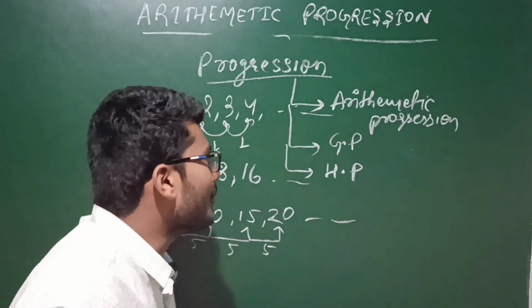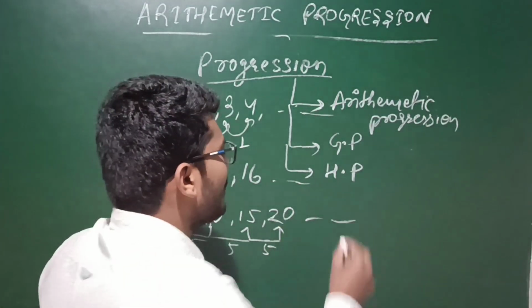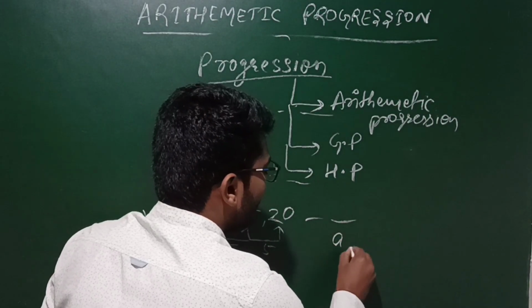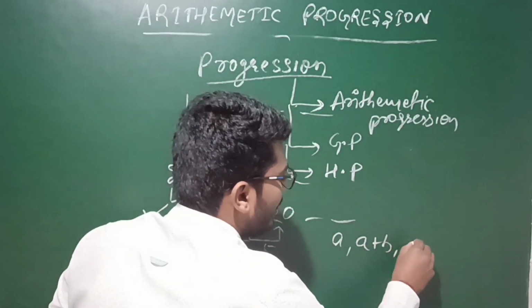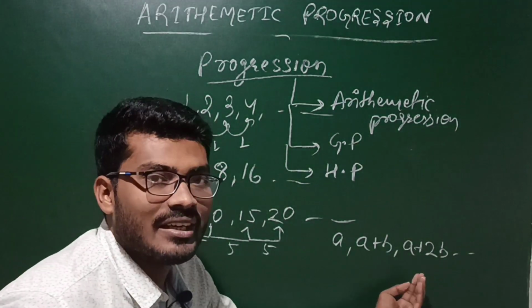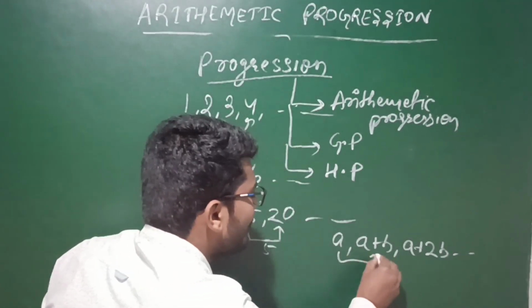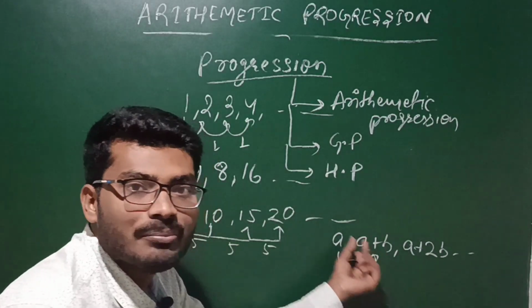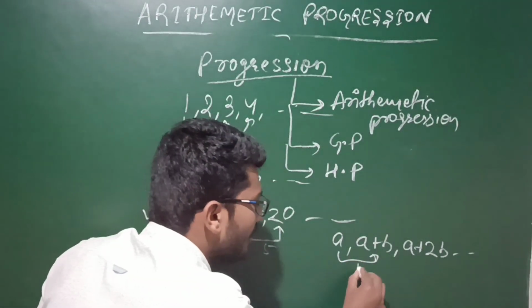Let's take another example. Suppose we have a sequence of numbers like a, a plus b, a plus 2b and so on. The difference between the two numbers, a plus b minus a, is equal to b.